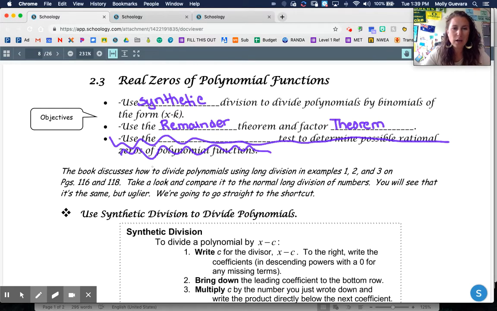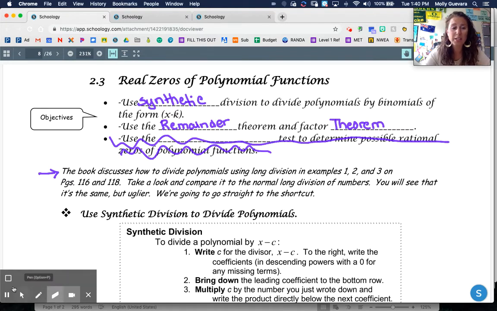I just want to point this out real quick. The book does discuss how to divide polynomials using long division. If you are dying to know how to divide by long division, please go ahead and look at that. However, there is a shortcut. The shortcut is synthetic division, and we are just going to focus on the shortcut.